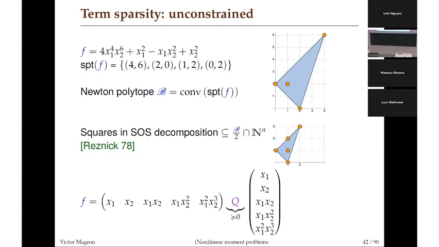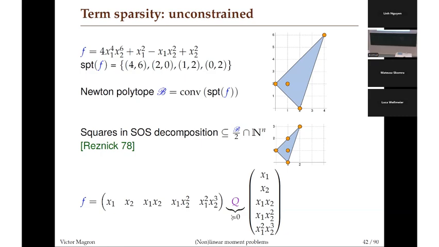And so the idea Reznick had is you build the support of your polynomial. Here there are 4 terms, so there are 4 points in the support, right? The 4 orange dots. And then you take the convex hull of that, and then you shrink it by 2.